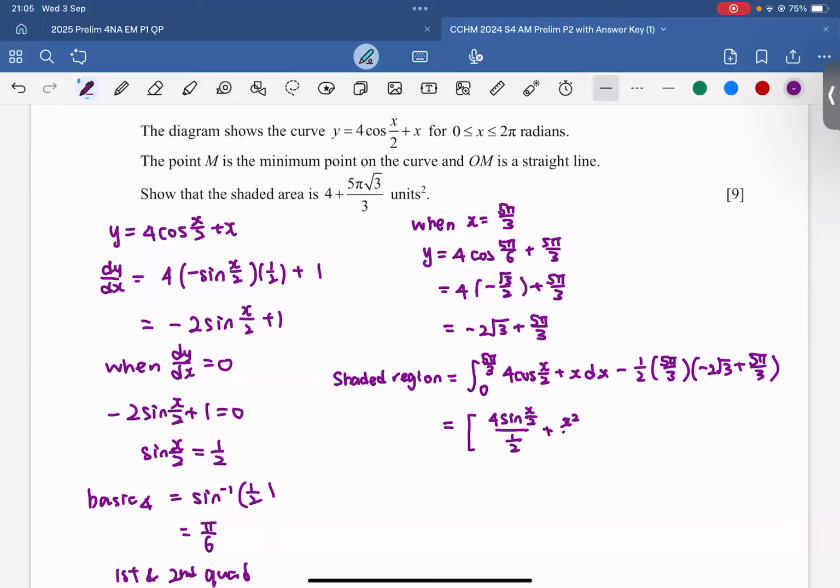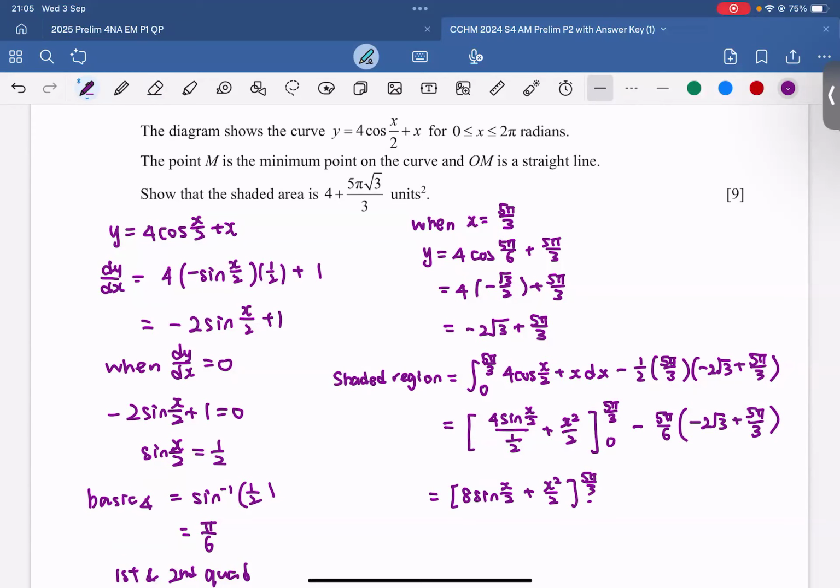This is x squared over 2. Then this one is just expand. What do we have? Slowly expand. This is 5 pi over 6. Okay, so this is actually 8 sine x over 2. This is plus 5 pi over 3 square root 3 minus 25 pi squared over 18.